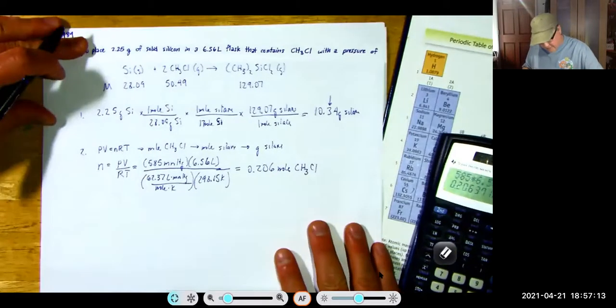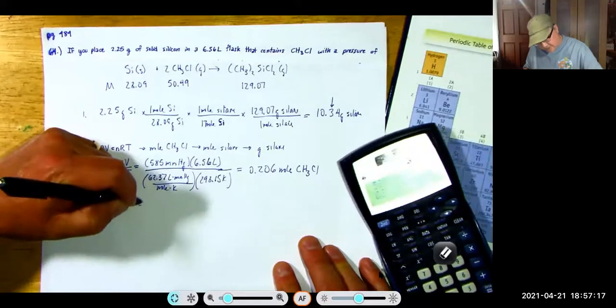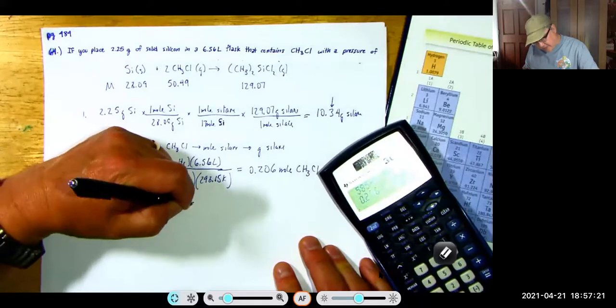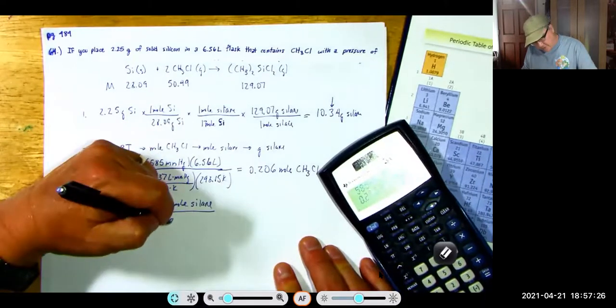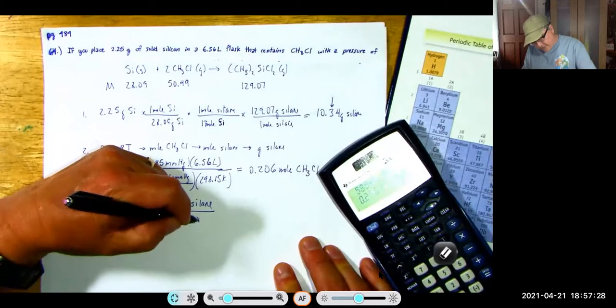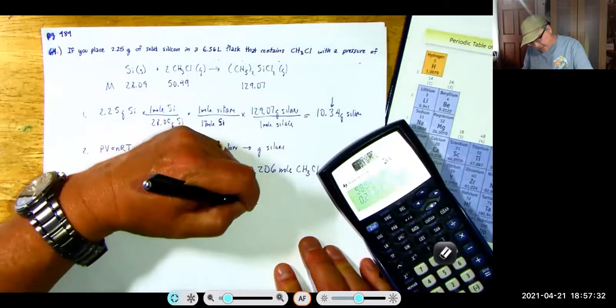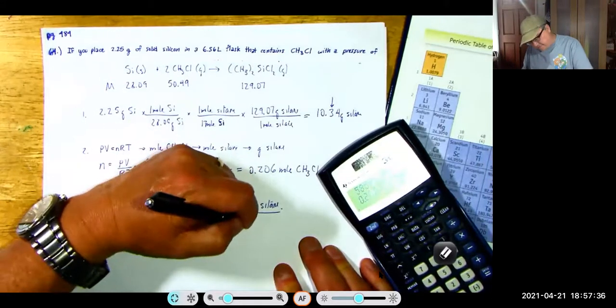So here we have 0.206 moles of CH3Cl times 1 mole of silane per 2 moles of CH3Cl, and then times 129.07 grams of silane per 1 mole of silane.